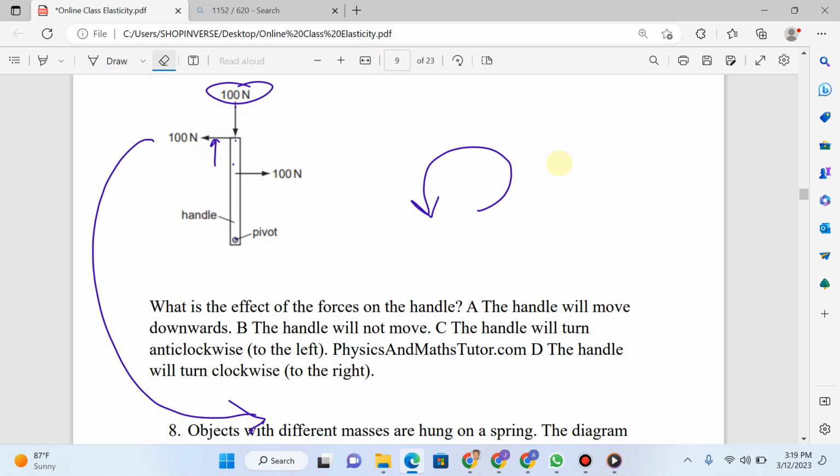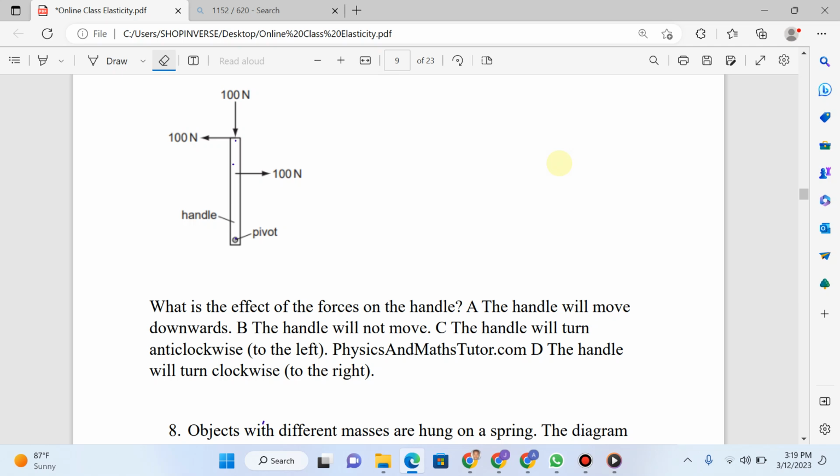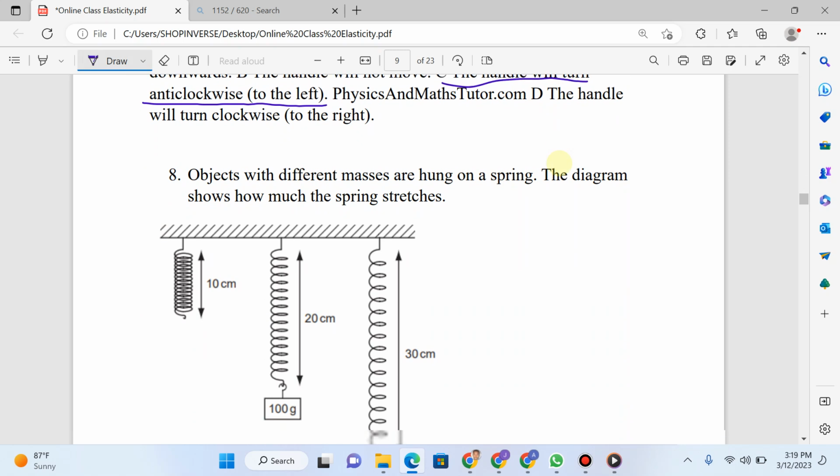The handle will rotate in a counterclockwise or anti-clockwise direction, which is option C. So we are going to shade C. Option D, the handle will turn clockwise to the right. That is wrong.